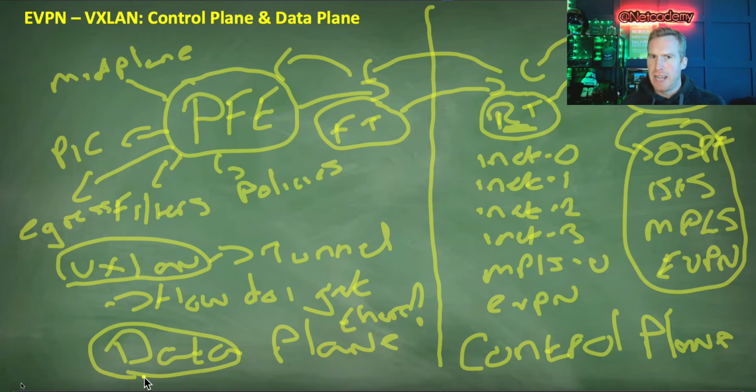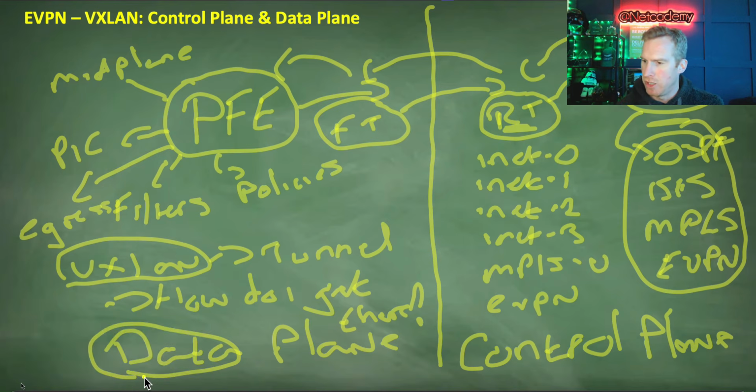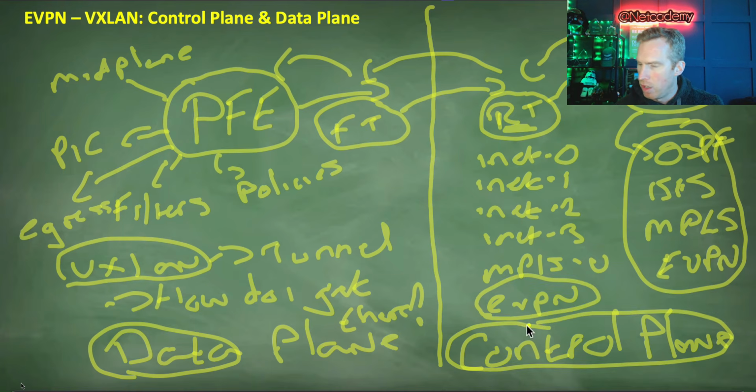But how does VXLAN know where to send those frames? How does it know what tunnel to use? How does it know what virtual network identifier to use to get to a given destination? That is where EVPN comes into it. EVPN is a control plane technology.